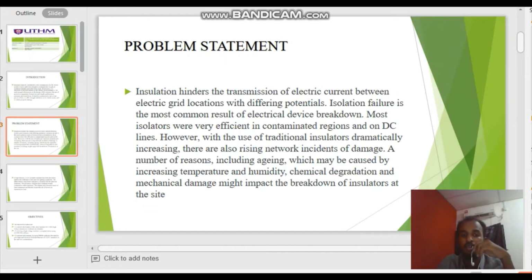However, as the use of traditional insulators dramatically increases, there are also rising network incidences of damage. A number of reasons, including aging, which may be caused by increasing temperature and humidity, chemical degradation, and mechanical damage, may be impacting the breakdown of insulators at the site.